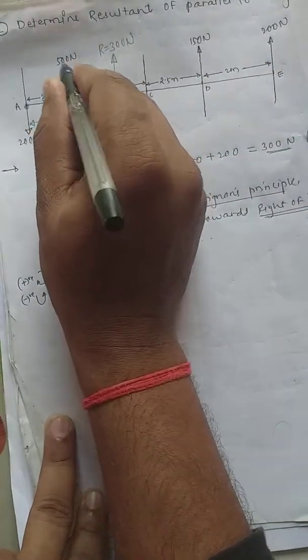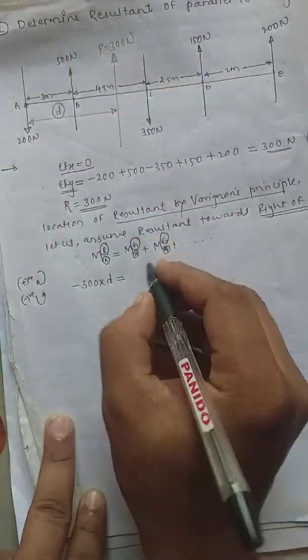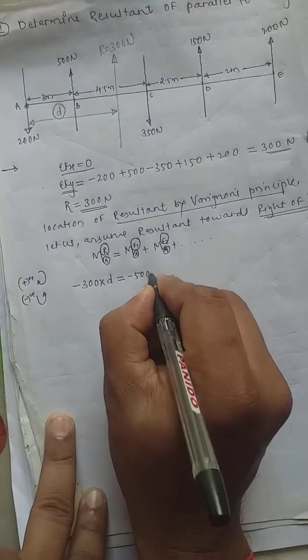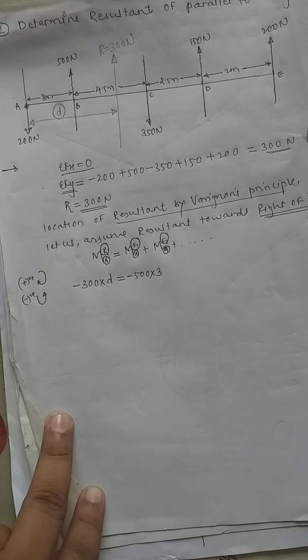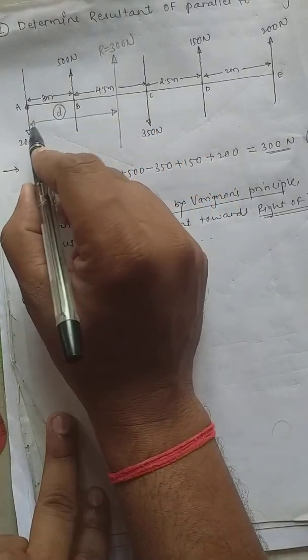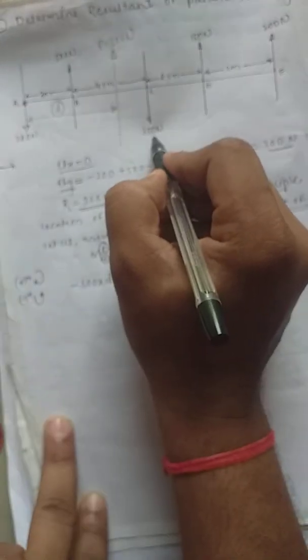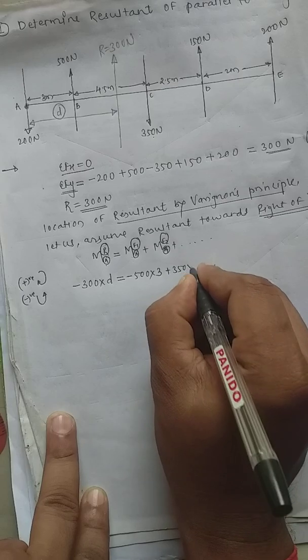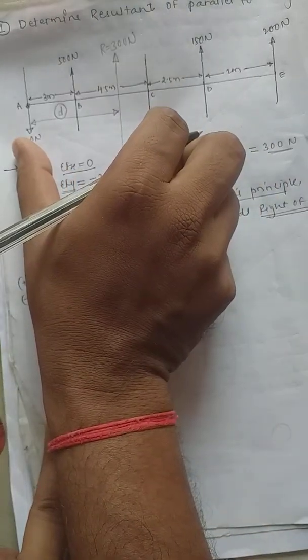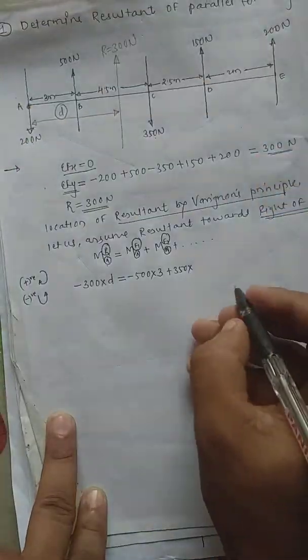So again 500, it is anti-clockwise. So this will be minus 500 into perpendicular distance from A, which is 3 meter. Next one is 350, it is clockwise. So plus 350 into perpendicular distance 3 plus 4.5, that is 7.5.